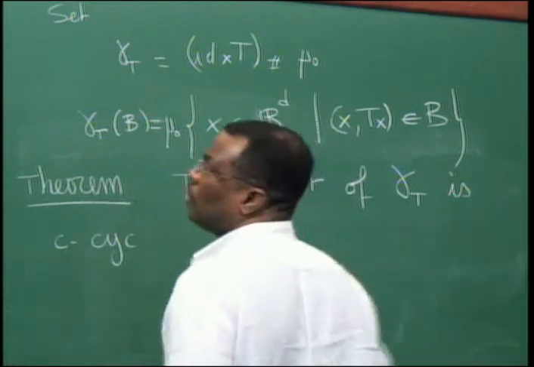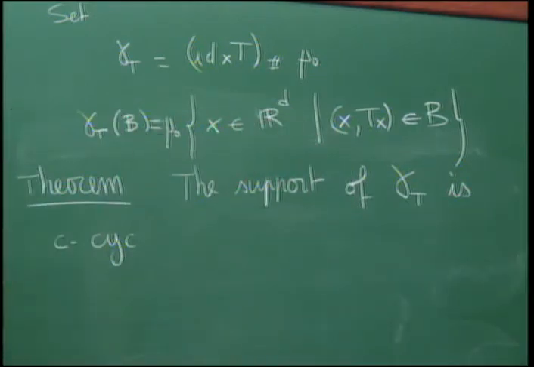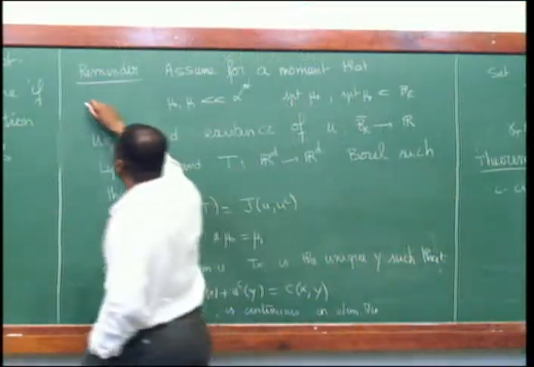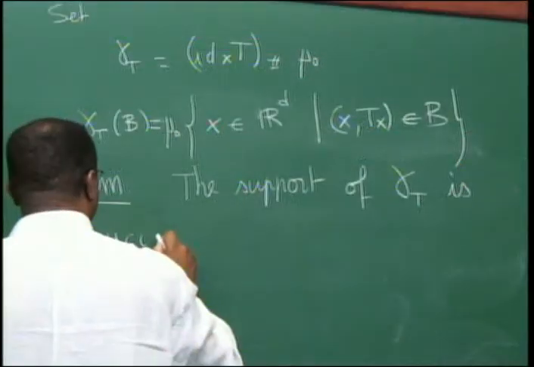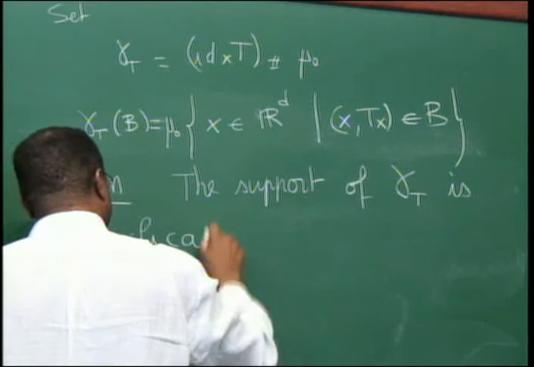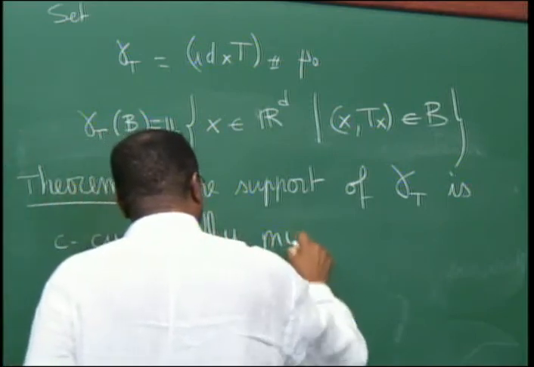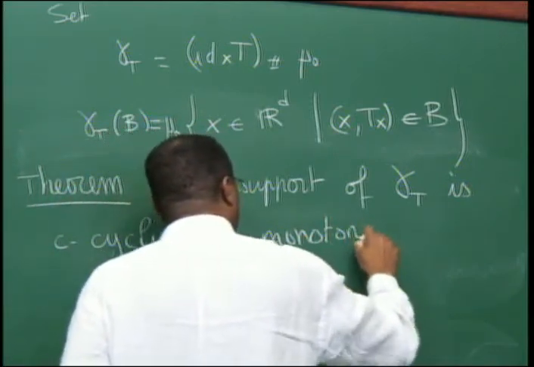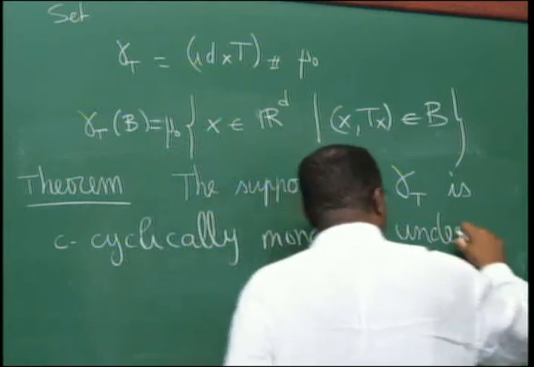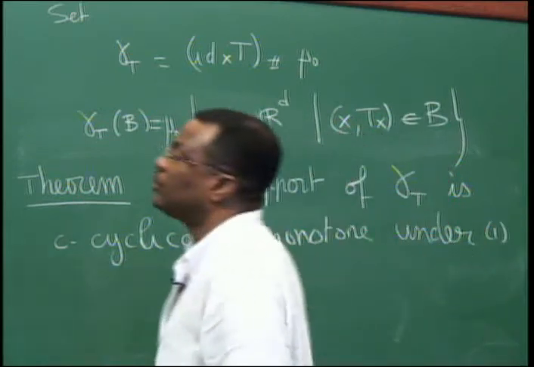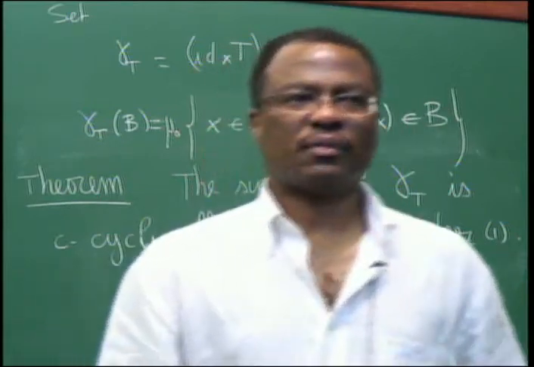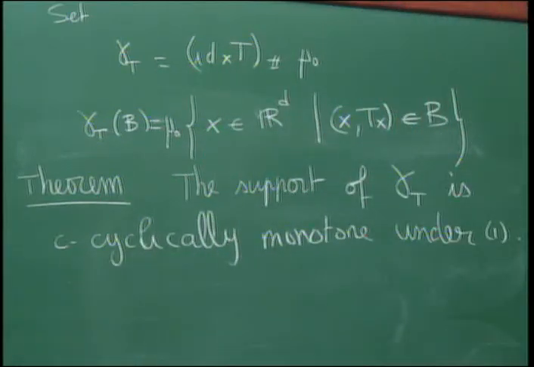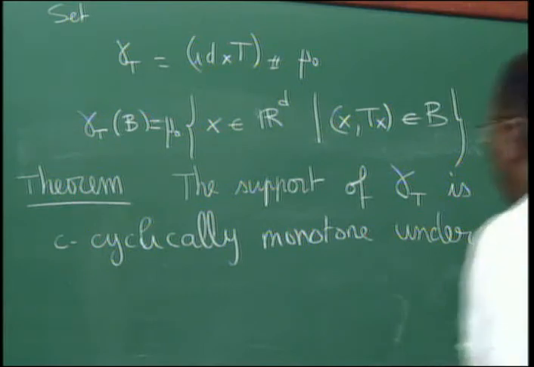Let me assume for a moment that it is C cyclically monotone under assumption 1.